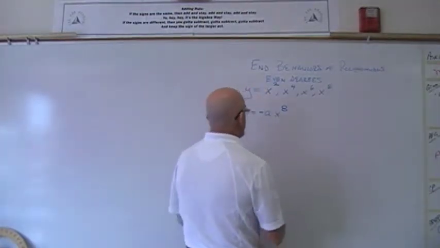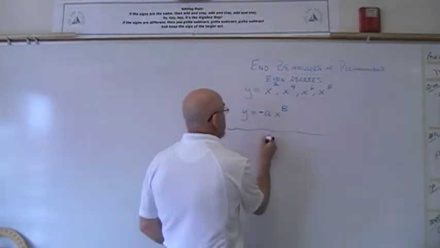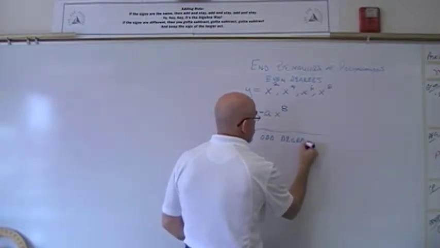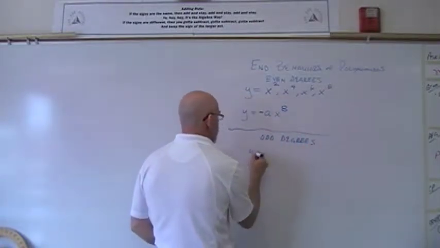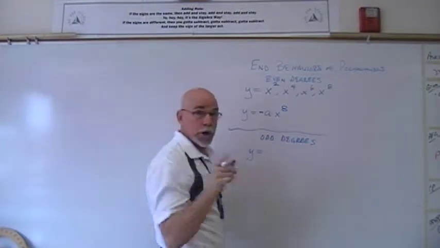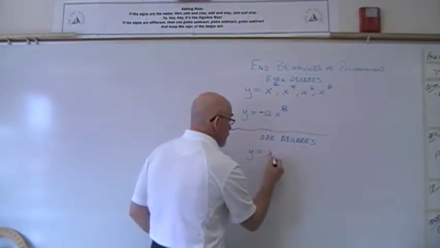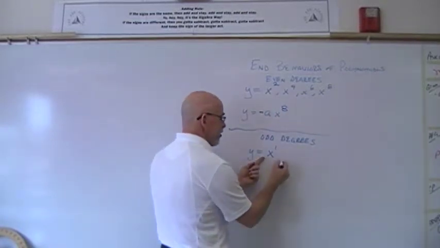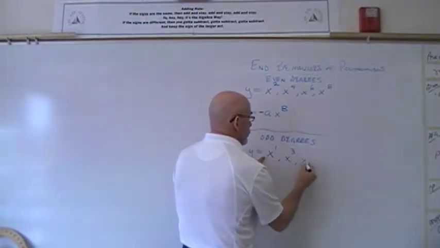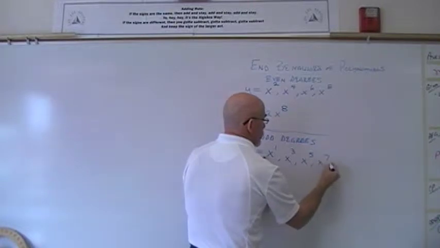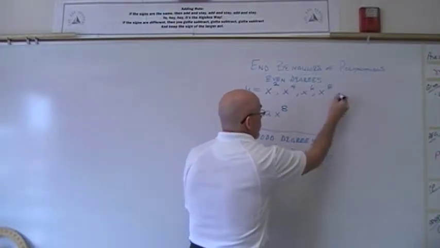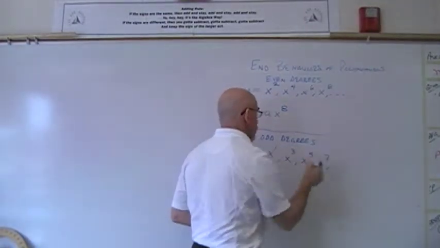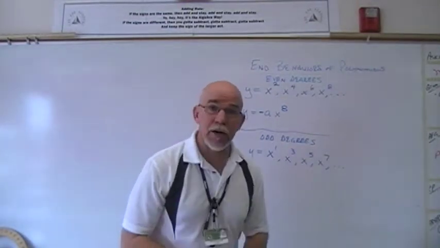Well, let's talk about odd degrees. That means we have polynomials where the degrees are odd, like our linear, or x to the third, or x to the fifth, or x to the seventh, and that goes on and on. What do those end behaviors look like? Well, let's talk about our linear.